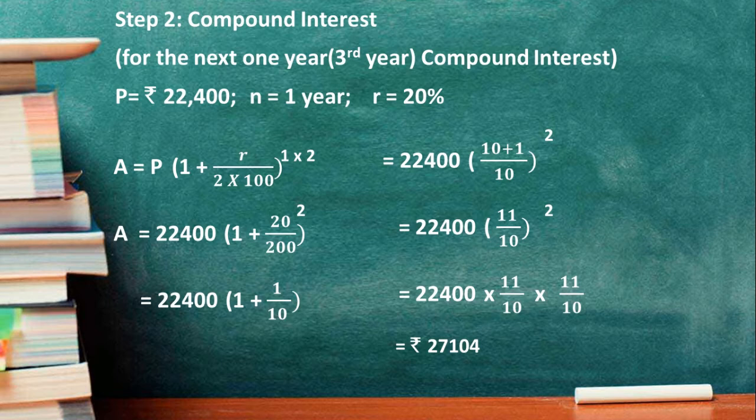Substitute the principal as 22,400, R as 20%. Here the zeros can be cancelled, 2 ones are 2, 2 tens are 20. 1 plus 1 by 10, after simplification it results as 11 by 10 whole square. Expand 11 by 10 into 11 by 10, it results as rupees 27,104.